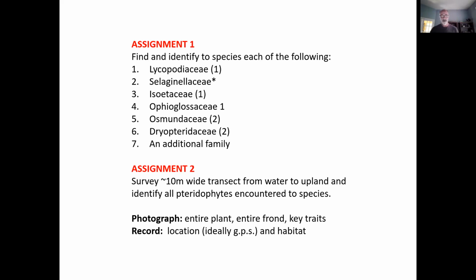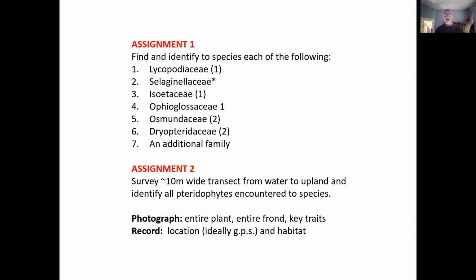I figured you can easily look 5 meters to the left and right, and you just walk your transect and key out every single species you encounter. It probably will also help you get a sense of what species you might find useful to commit to memory in terms of wetland delineation or something like that.